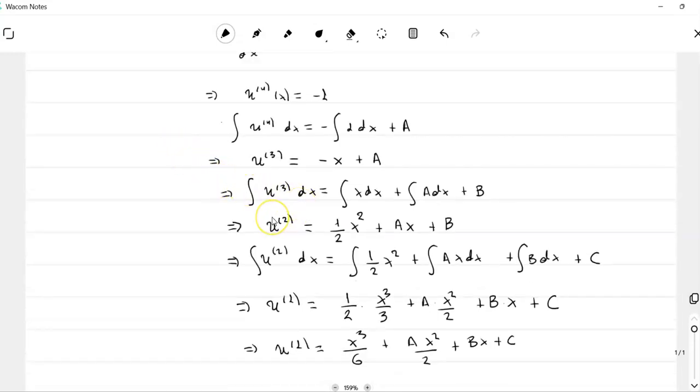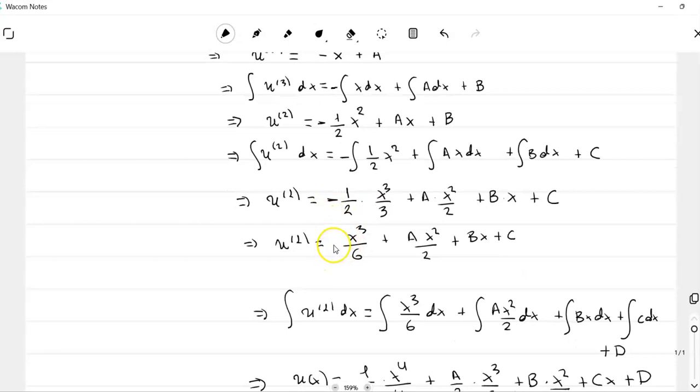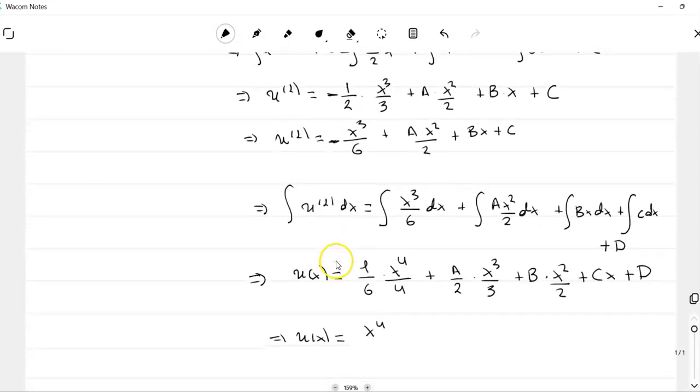Sorry, there is a minus that is missing. So here is a minus, here is a minus.